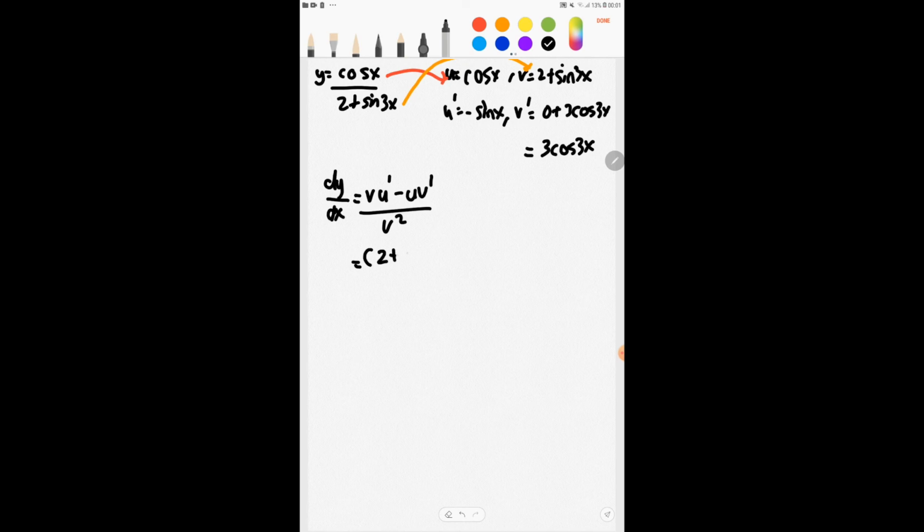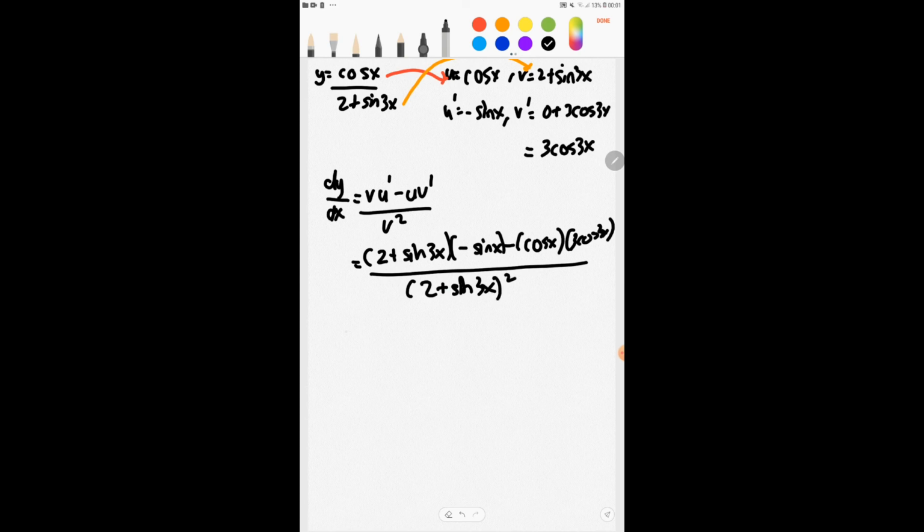So we get 2 plus sine 3x multiplied by u prime, which is negative sine x, minus u, which is cos x, times v prime, which is 3 cos 3x, divided by 2 plus sine 3x squared.